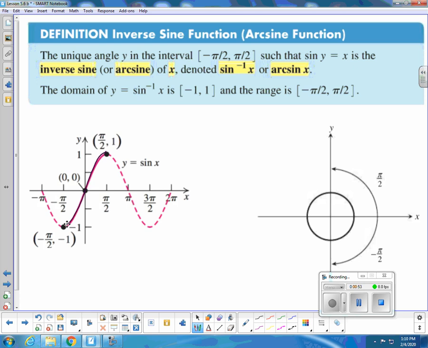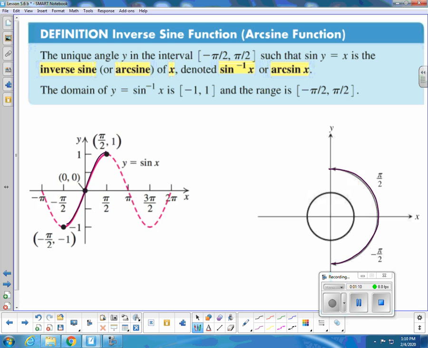Okay? So the range of sine inverse, the type of answers you can get, is from negative pi over 2 to positive pi over 2, on the right side of the circle only. So it's restricting the answers you can give.